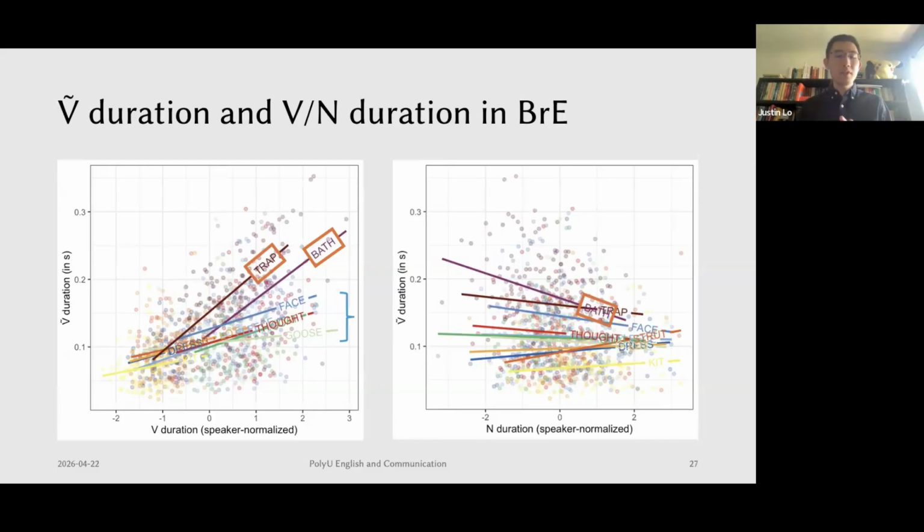But we do have some evidence that Bath and Trap, especially on the left-hand side, seem to be doing something different, in that when vowel duration increases, we see a particular increase in the duration of the vowel that is being nasalized.